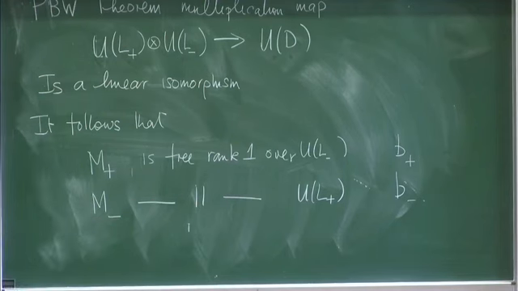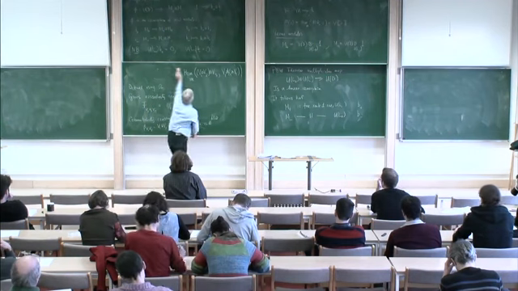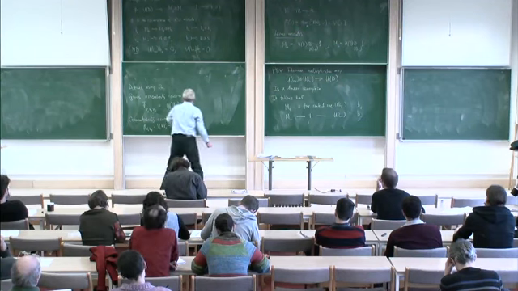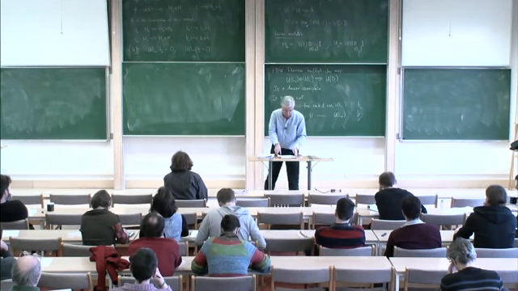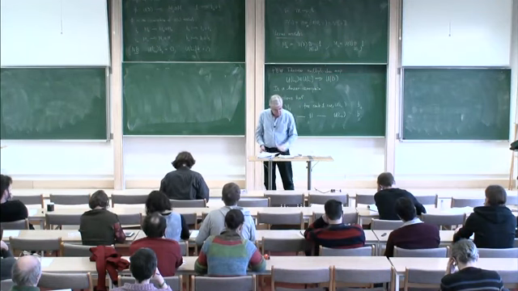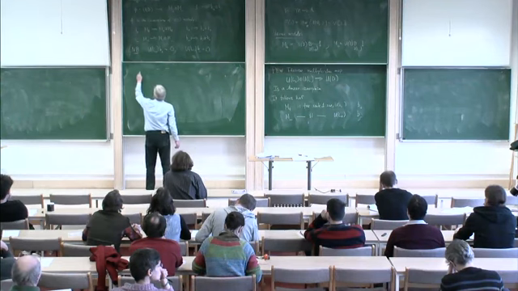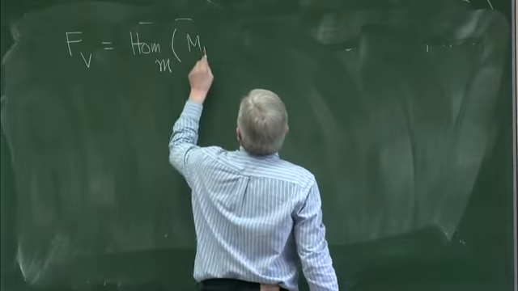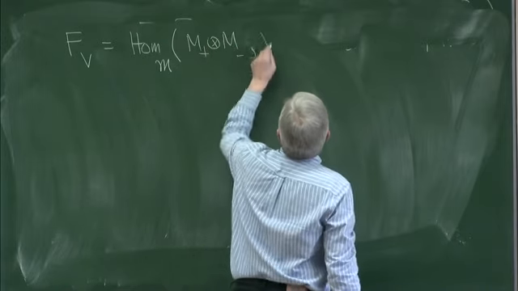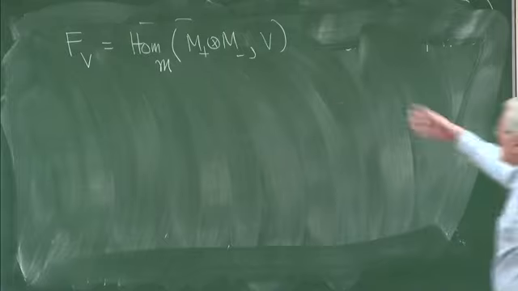Okay, so it follows then that our FV, this forgetful functor, as Etingof Kazhdan called it, is co-represented by... It follows that FV is therefore Hom in the Grothendieck category, M plus tensor M minus into V.